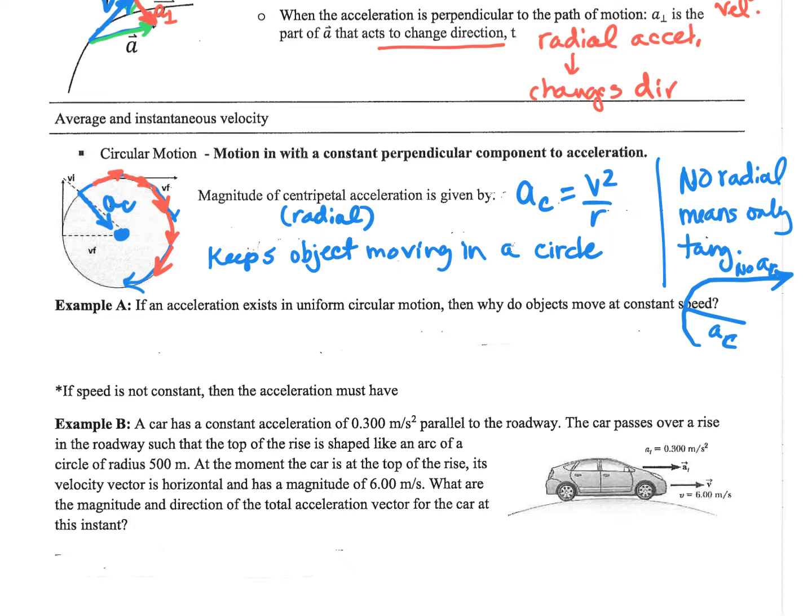Remember, you've got an acceleration coming in, and you also have a normal force as a reaction to that. What we call that reaction is centrifugal force. It is an imaginary force, okay?